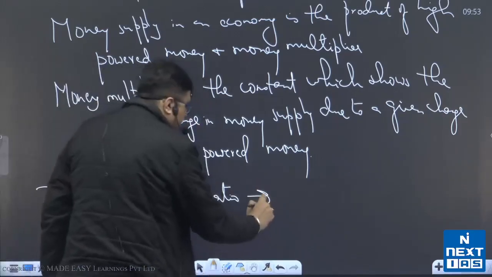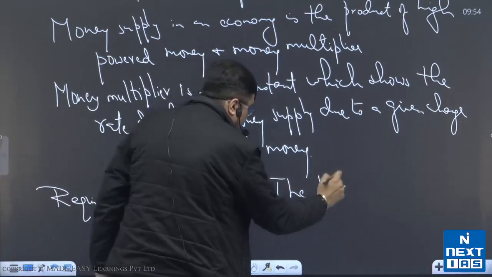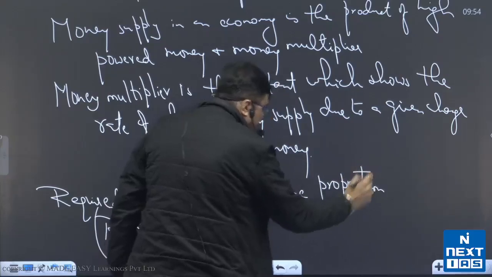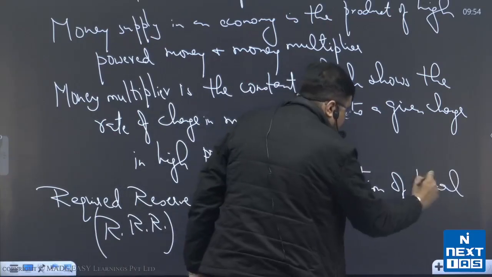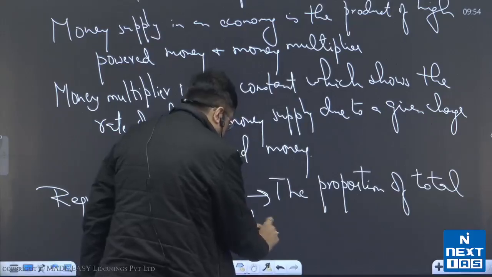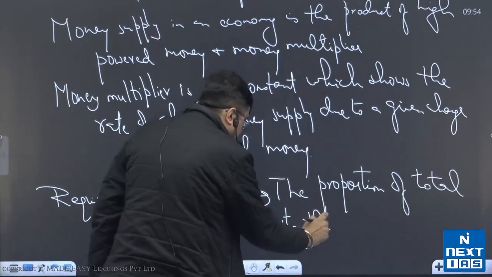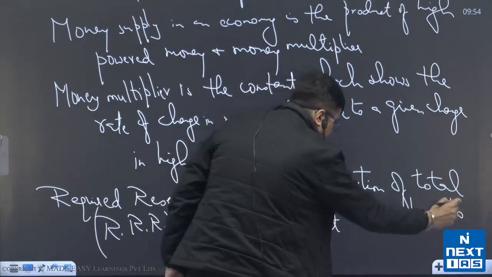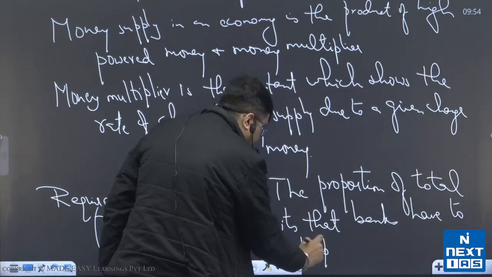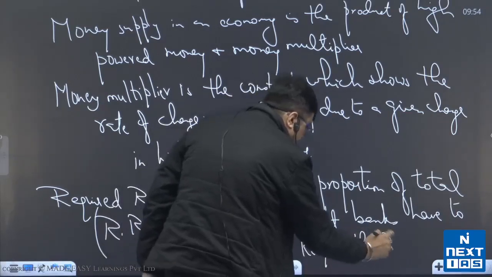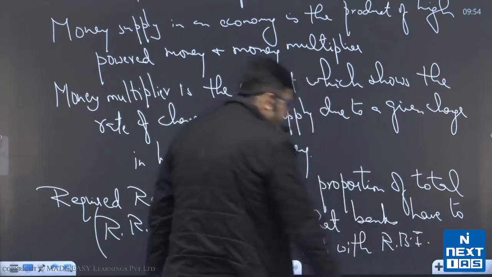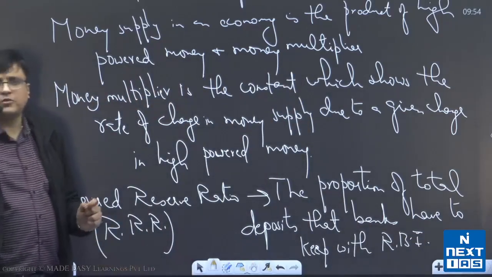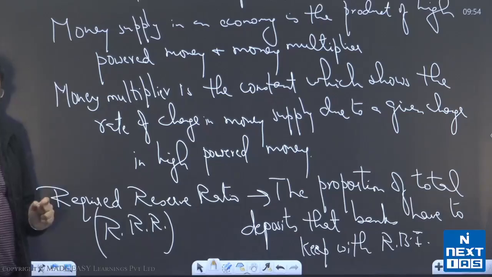This required reserve ratio is the proportion of total deposits that banks have to keep with RBI. All right, that is what we call a required reserve ratio.